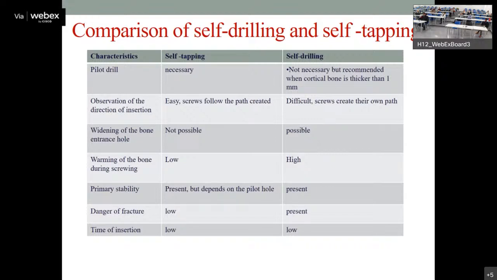Time of insertion, it is relatively low for both techniques, but I would say it's lower in the self-drilling than self-tapping because here they compared the insertion itself, but they didn't count the time needed to prepare the pilot hole. From A to Z, it will need longer time.